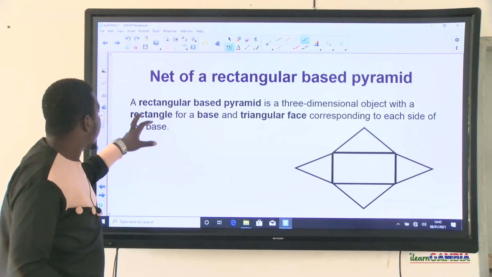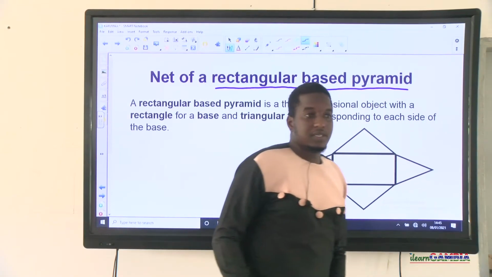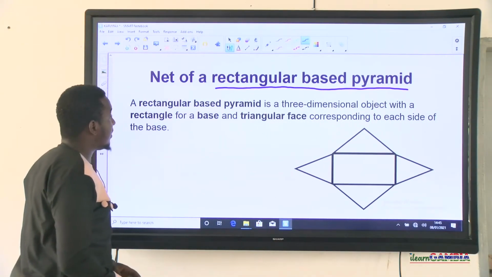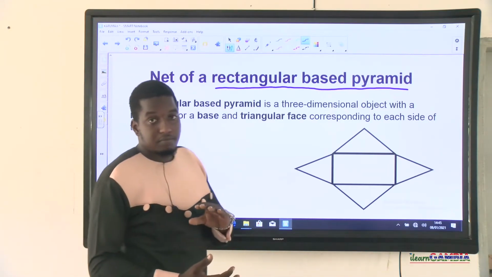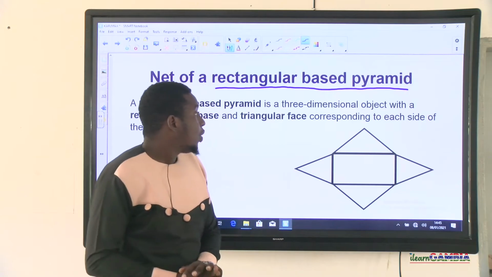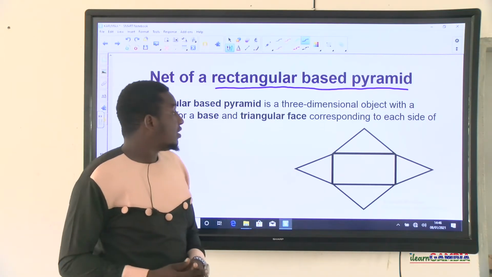And here we are looking at a rectangular based pyramid. Now how do we form a rectangular based pyramid using 2-dimensional shapes in order to form a 3-dimensional shape?